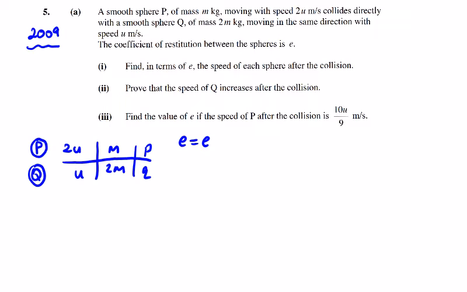So conservation of momentum: 2mu plus 2mu is equal to mp plus 2mq. So 4u is equal to p plus 2q.